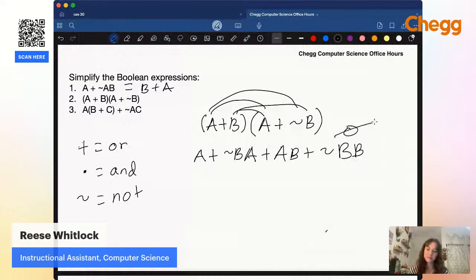So we don't care about that. We can eliminate that from our simplification because we always know that's going to be false. B can either be 1 or it can be 0, but it cannot be both.